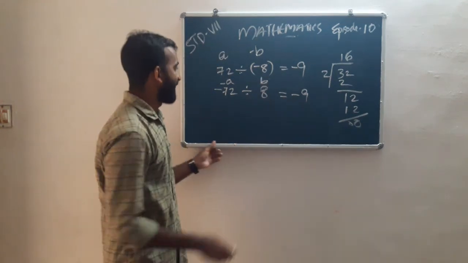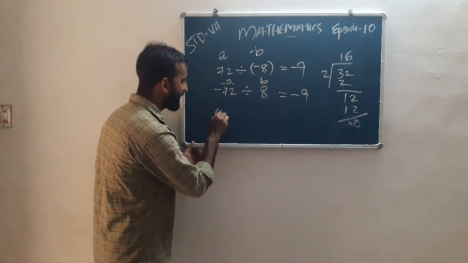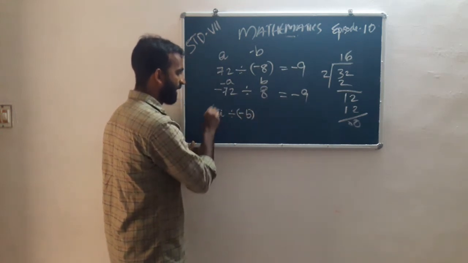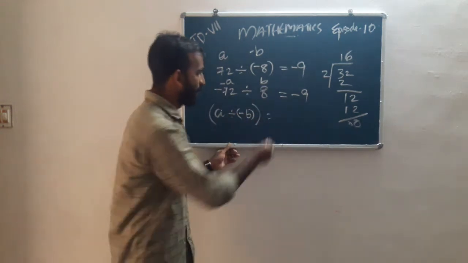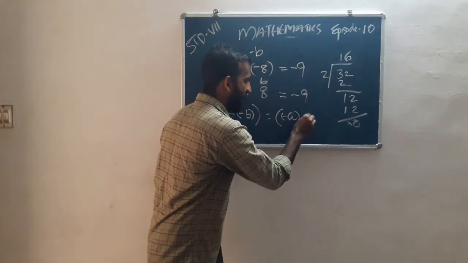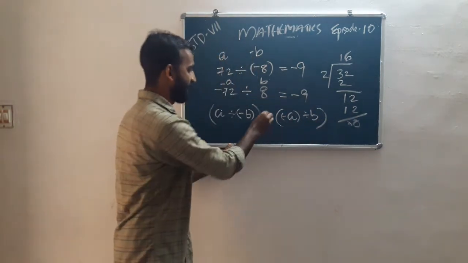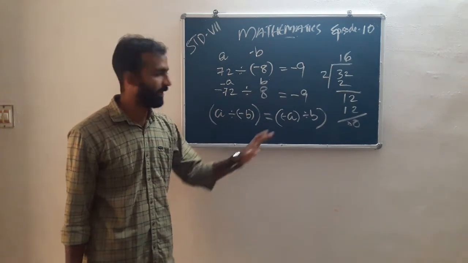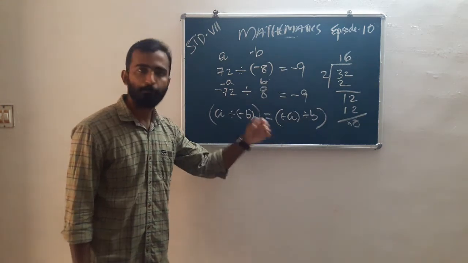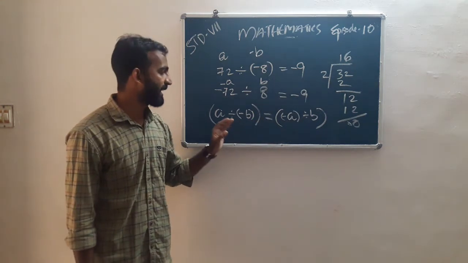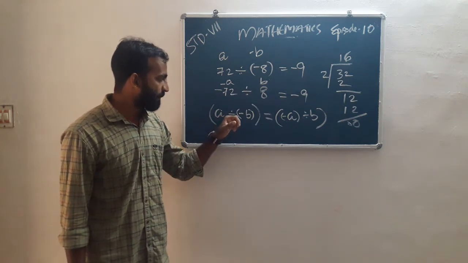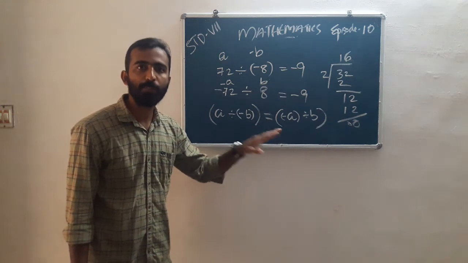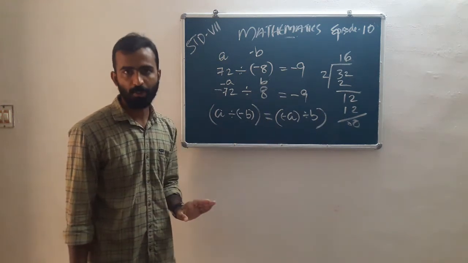Generally we can say that A divided by negative B is equal to negative A divided by B. This is our first property.